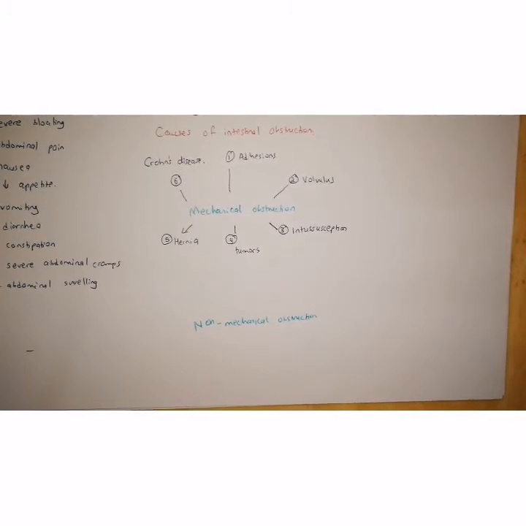If something interrupts these coordinated contractions, it can cause a functional intestinal obstruction. This is generally known as non-mechanical obstruction. If it's a temporary condition, it's referred to as ileus. Once it becomes chronic or long-term, it's called pseudo-obstruction.